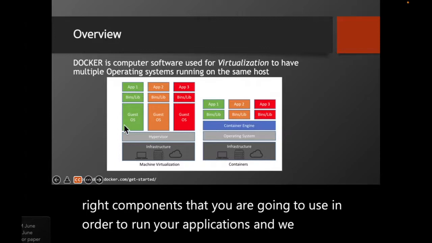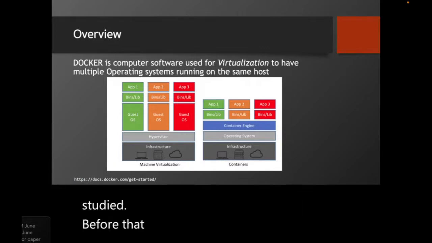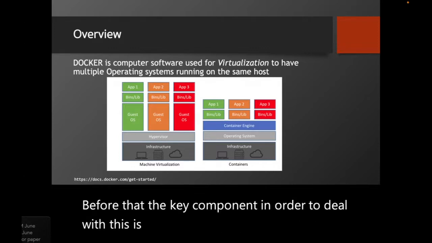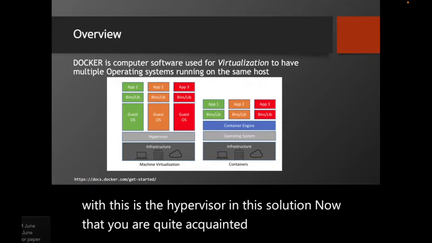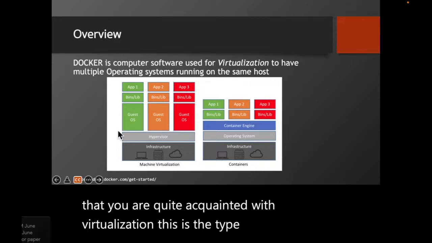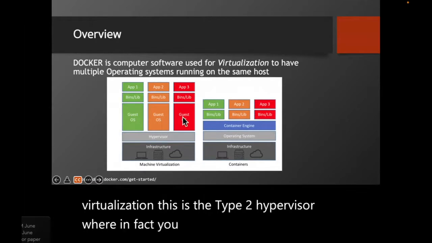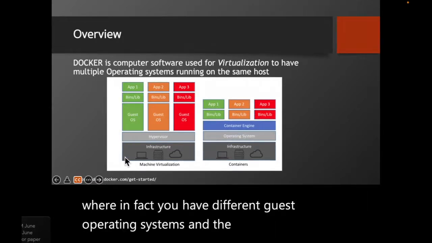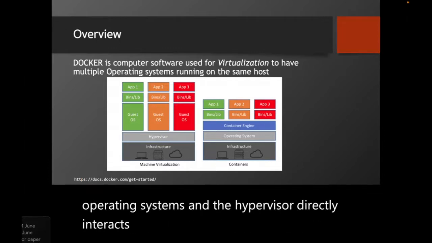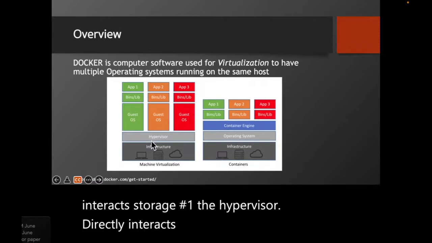And we have studied before that the key component in order to deal with this is the hypervisor. In this solution, now that you are quite acquainted with virtualization, this is the type 2 hypervisor, where you have different guest operating systems, and the hypervisor directly interacts. Sorry, it's the number one. The hypervisor directly interacts with the infrastructure.